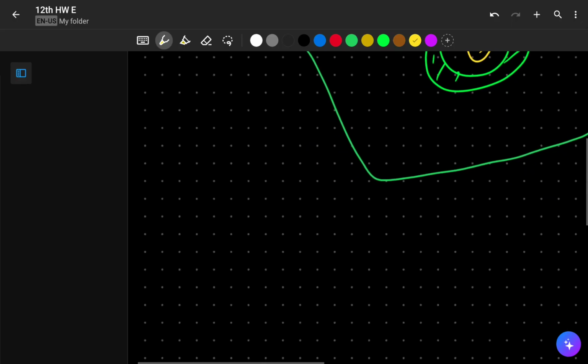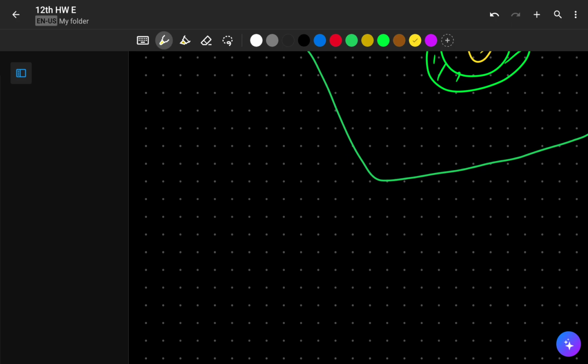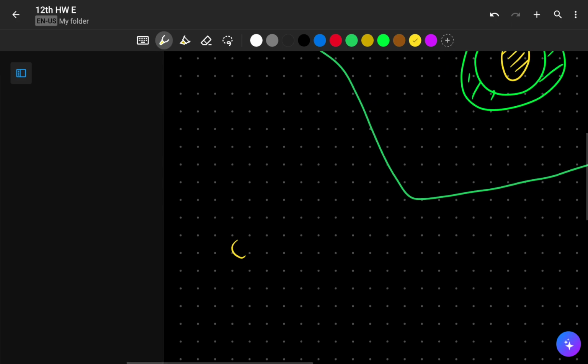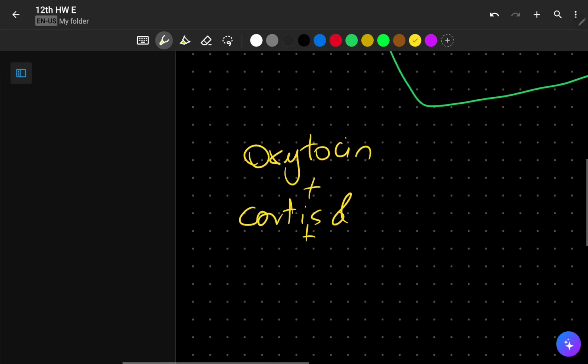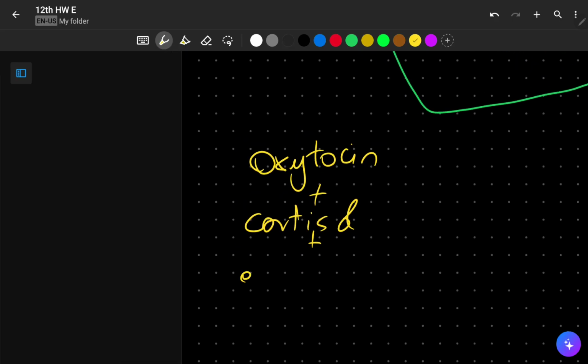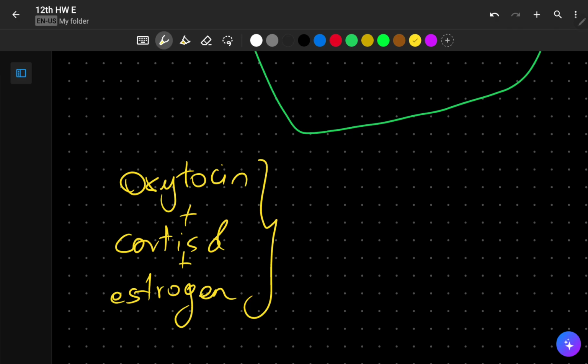So multiple hormones take part in a neuroendocrine mechanism, which is going to be oxytocin, which is probably the main one here. We also have some cortisol and also some estrogen. And these three take part in this neuroendocrine mechanism and take part in the fetal ejection reflex.